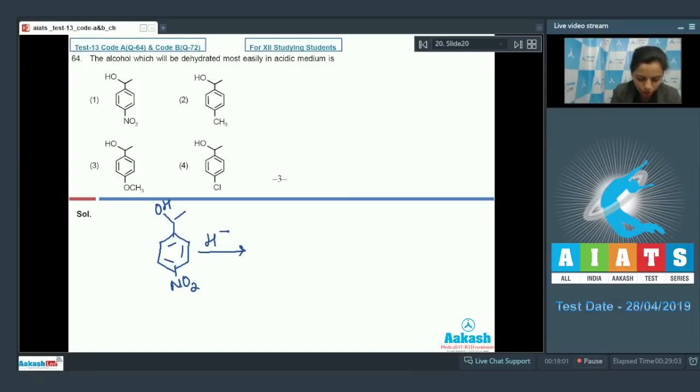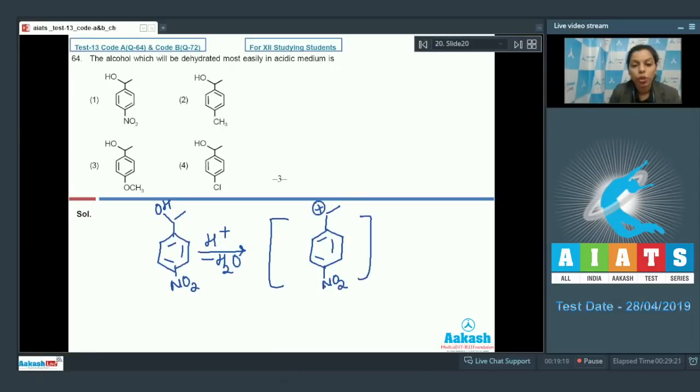Now in acidic medium, dehydration you are doing, so it first forms carbocation. So that carbocation would be NO2, and here's the positive charge. Now, due to the presence of an electron withdrawing group, that nitro group is electron withdrawing group, it will destabilize this positive charge. This carbocation would be less stable.